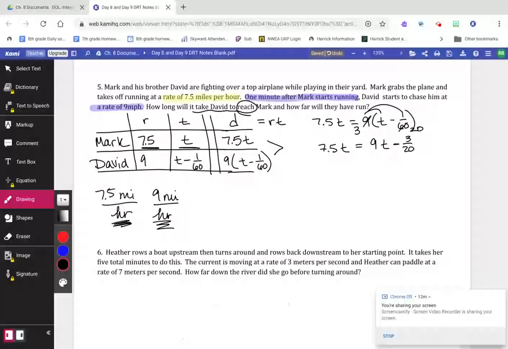I'm going to subtract 9t from both sides, and we have negative 1.5t is equal to negative 3/20. And then negative 1.5 can be thought of as negative 3/2. So to get rid of that, we can multiply by the reciprocal, negative 2. Sorry, this should say 2/3. So that'll cancel.